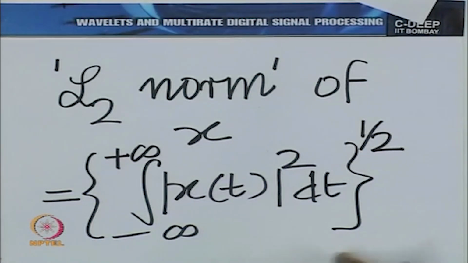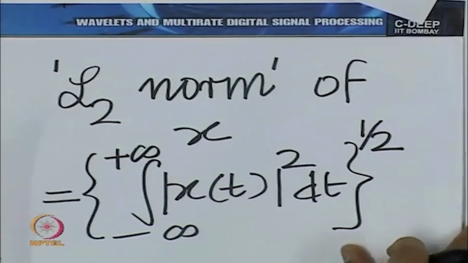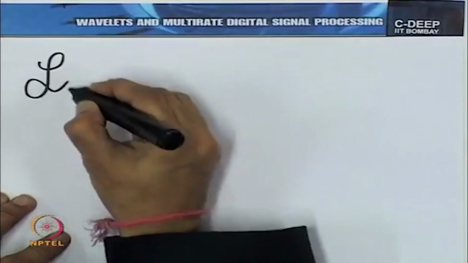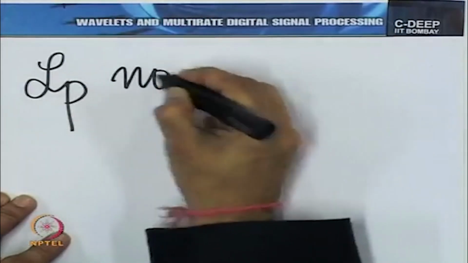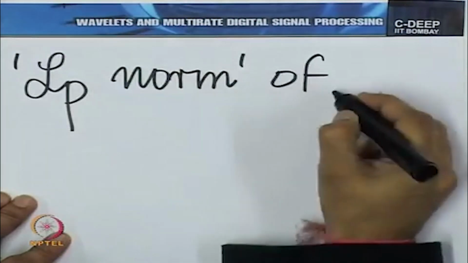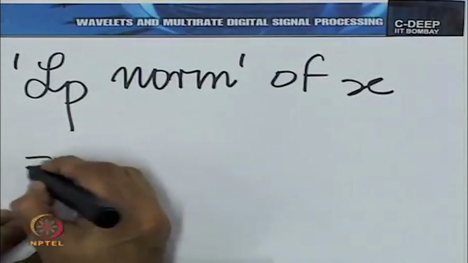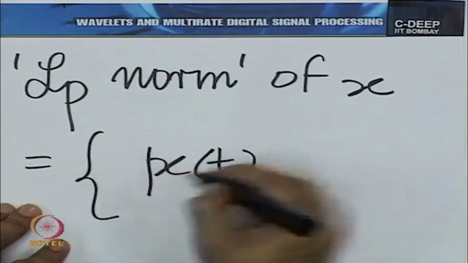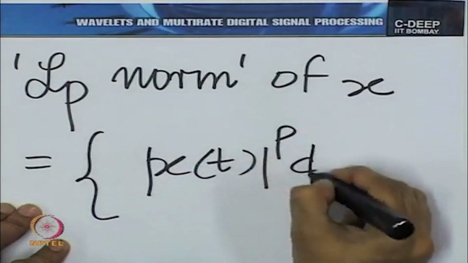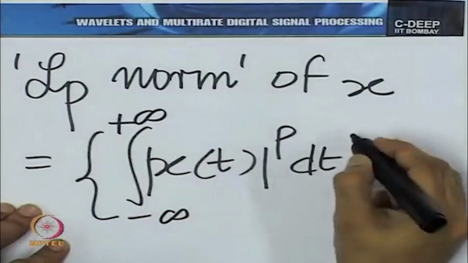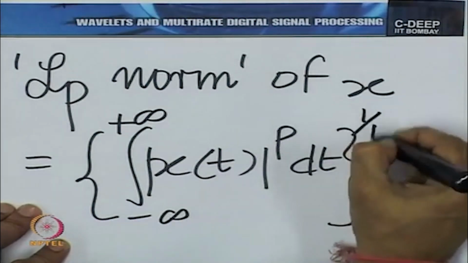Similarly, one can talk of an Lp norm. So, you could talk about an Lp norm of x, and that would correspondingly be mod x(t) to the power p dt integrated on all time and raised to the power 1 by p.